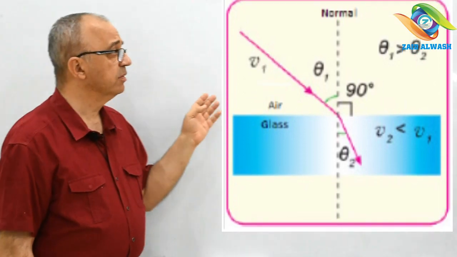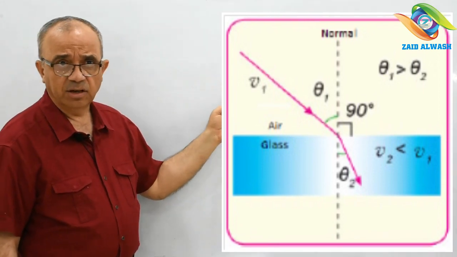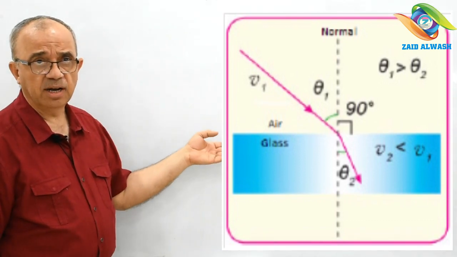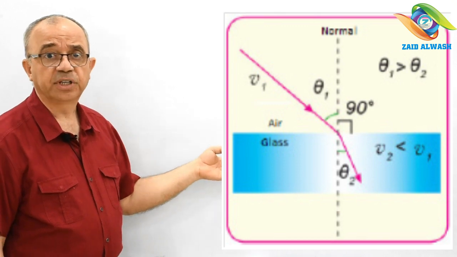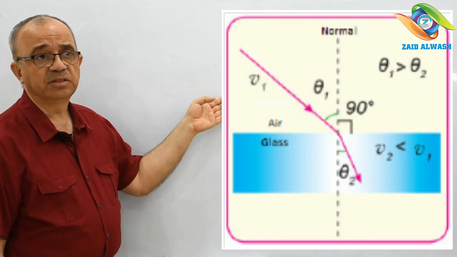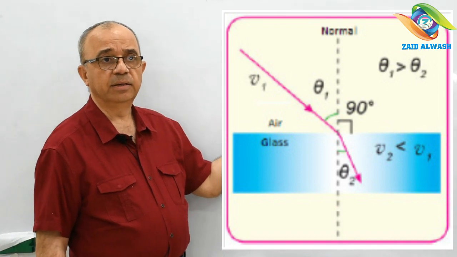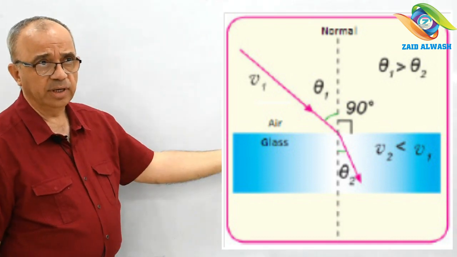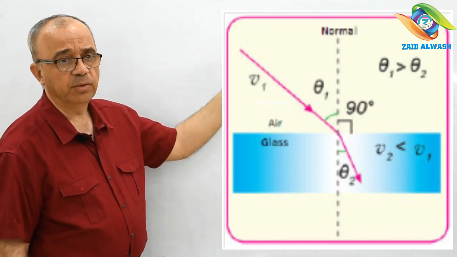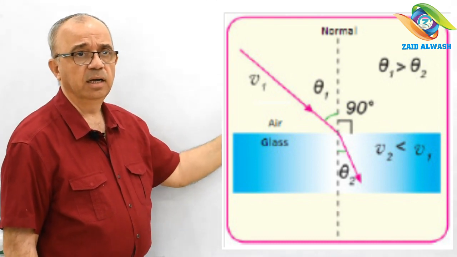When it travels from a medium that has a lower optical density to another transparent medium which has a higher optical density, as you see in the figure, what happens to the light ray? The light ray will refract.